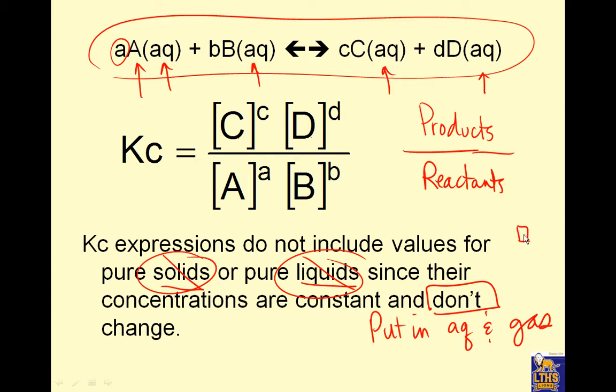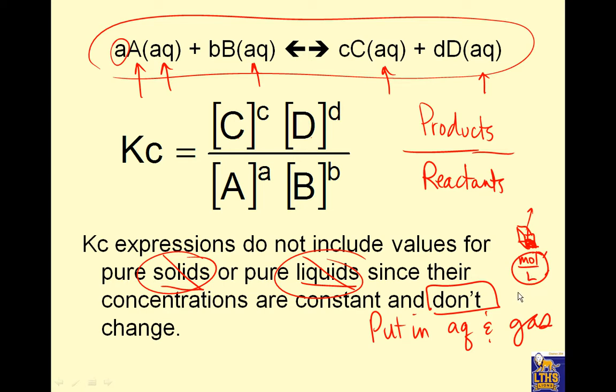If I have a solid and I measure its concentration in moles per liter, and some of the solid dissolves or reacts, and I look at the rest of the solid and measure its concentration in moles per liter, well, the number of moles changed and the number of liters changed, but the ratio stays the same. So the concentration and the constant doesn't change.